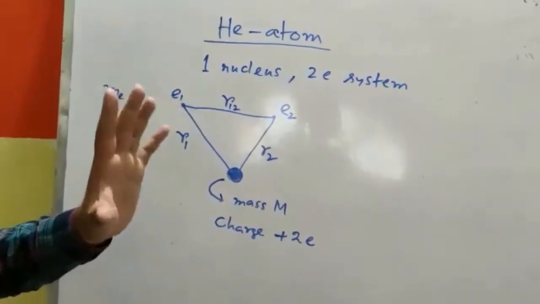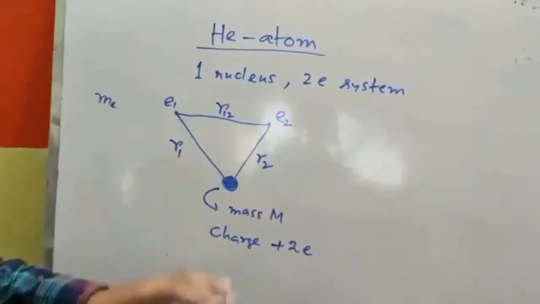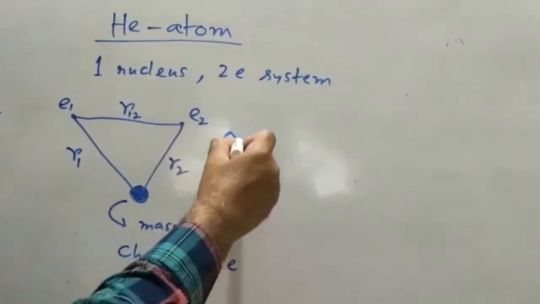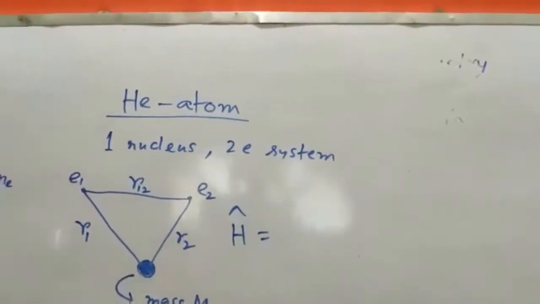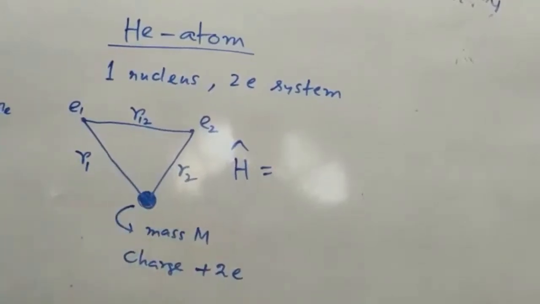So how can one write the total Hamiltonian of this system? Let's try. First of all we have to write the kinetic energy part, and then we write the potential energy part.